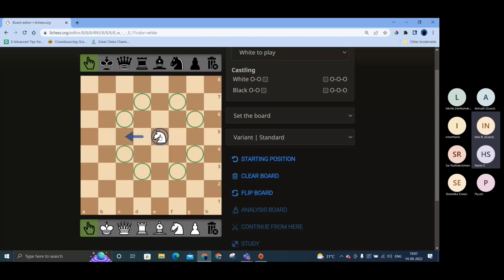Knight is the only piece which can jump. It doesn't control its way. It doesn't attack any piece on its way, and it doesn't support any piece on its way. If there is an opponent's piece here, the knight cannot do anything about it. All that the knight cares about are these squares. These are the landing squares.